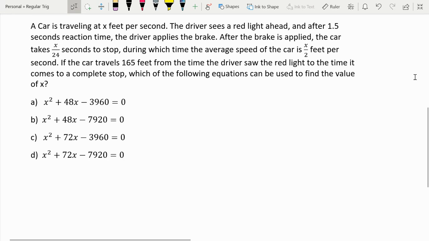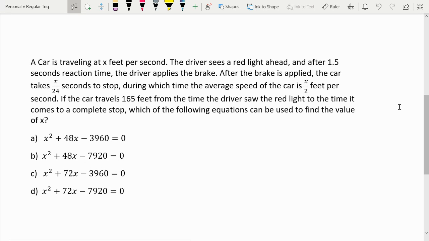A car is traveling at x feet per second. So here is speed. The driver sees a red light ahead, and after a 1.5-second reaction time, here's time, the driver applies the brakes. So speed and time.